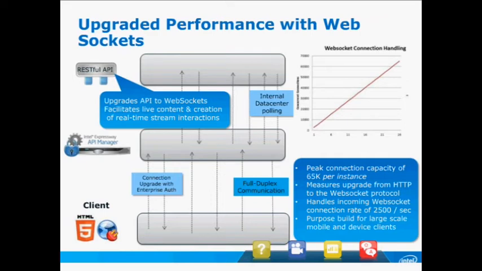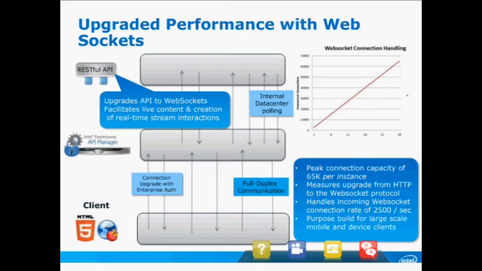With this model, the gateway can do some of that polling on the behalf of the application and can pass the result back to the client without the client having to poll as often, and that reduces the effective latency. It reduces traffic, and it can basically reduce the overall cost because a lot of these devices are on a limited data plan.